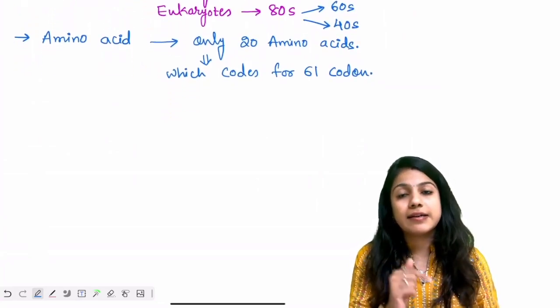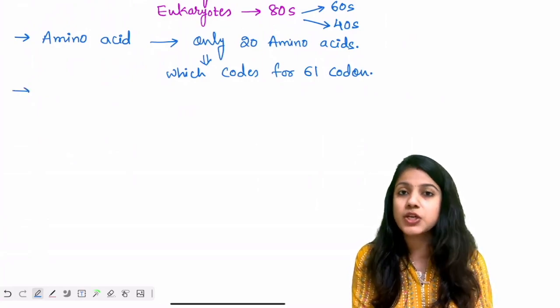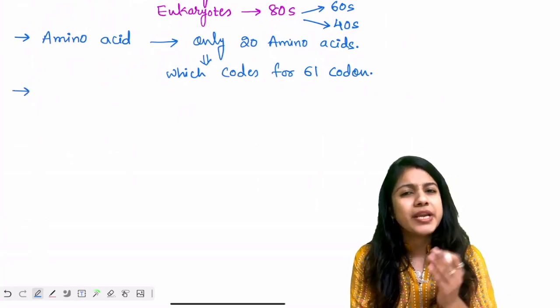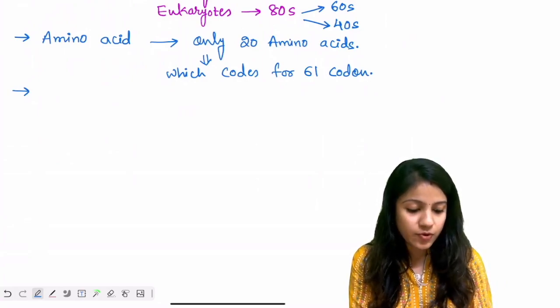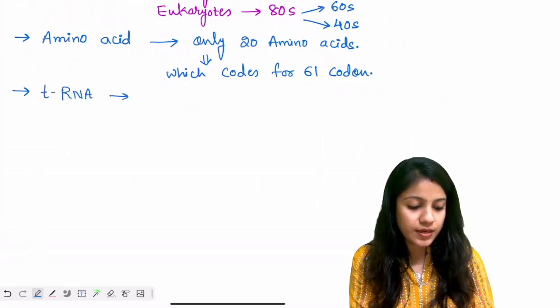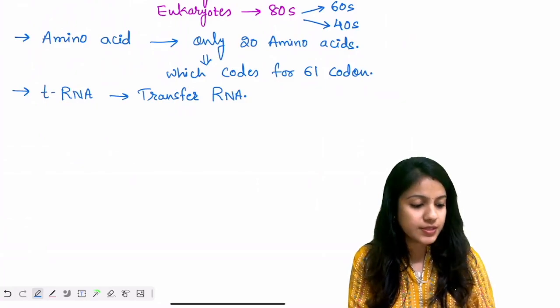Now tRNA is needed. tRNA will be there to bring those particular type of amino acid depending upon the codons which are present on the mRNA. So we need what? tRNA, that is transfer RNA. These are the requirements for translation process.